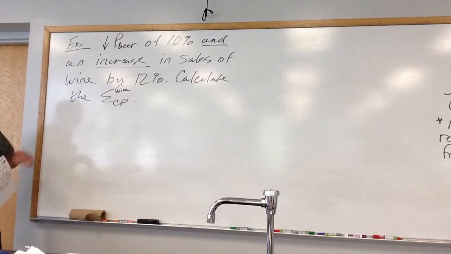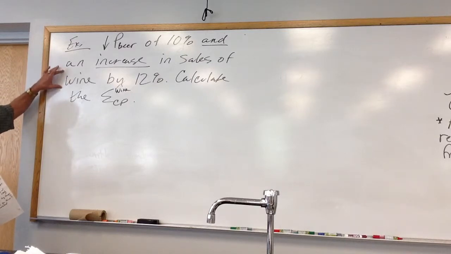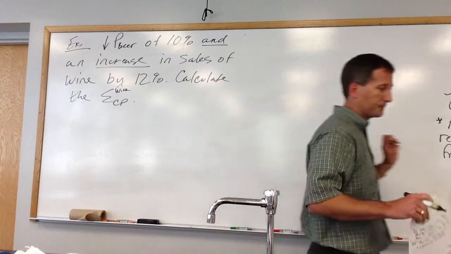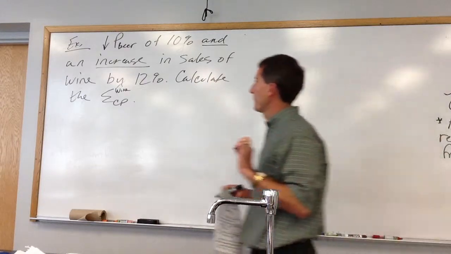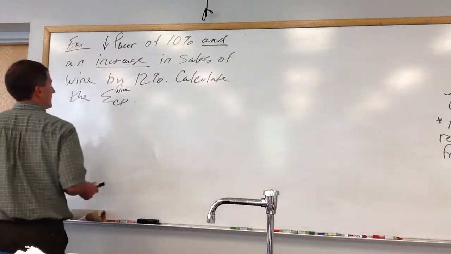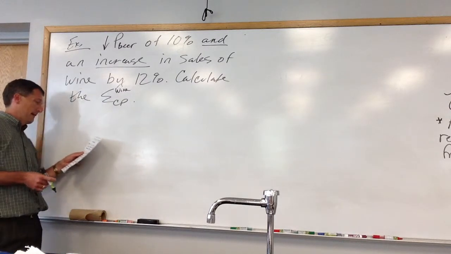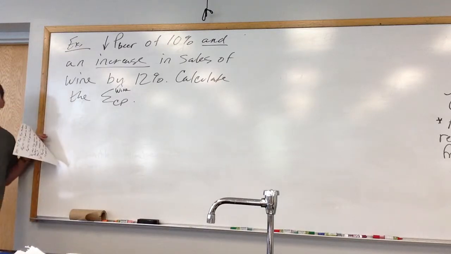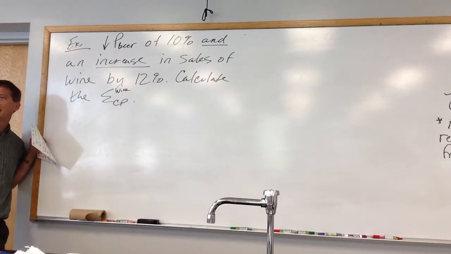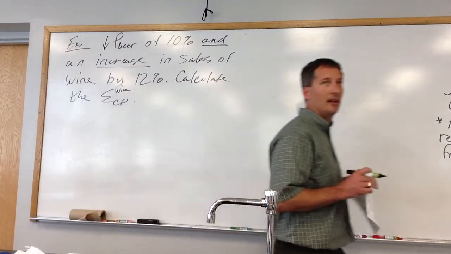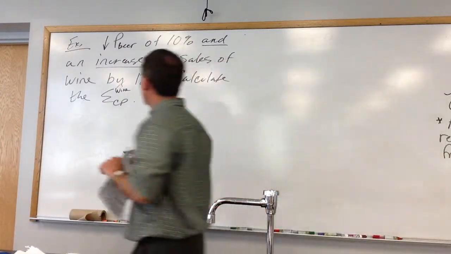So, quantity of wine sales changed by 12%, price of beer changed 10%. Answer? 1.2.